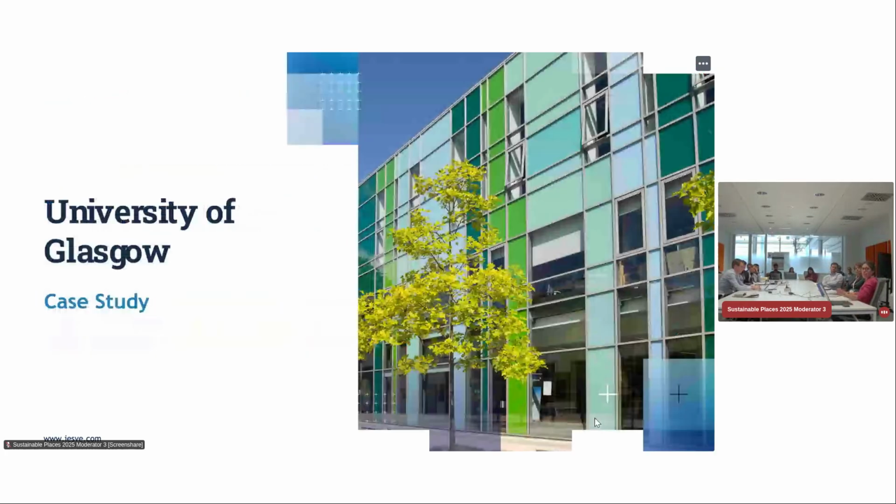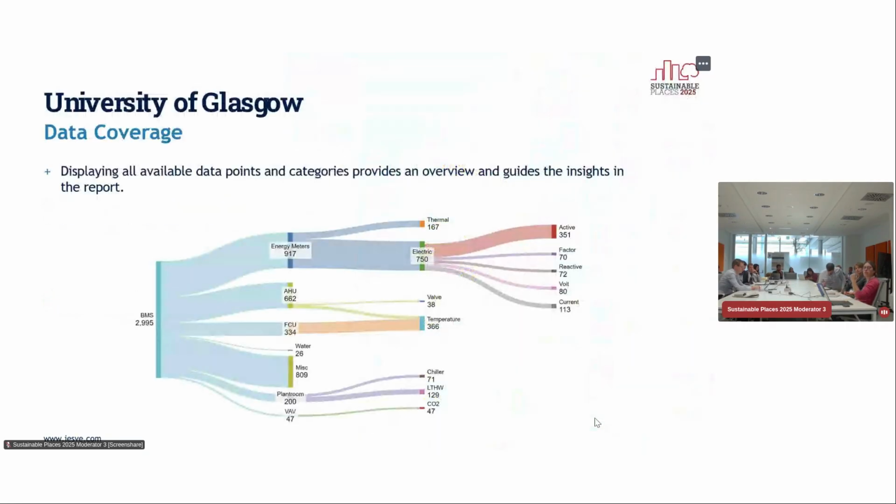So this is a practical example on the University of Glasgow, just to show you how that initial step would look. This is how, in our experience, these kinds of projects typically go. In this case, they started going in, getting data. The first thing, even before getting the data out, was looking at what meters they had, so what data, how many data points they had by type.